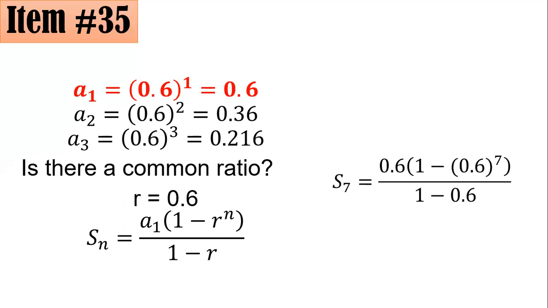So you will have this expression 0.6 multiplied by 1 minus 0.6 to the 7th all over 1 minus 0.6. Using your calculator, this simplifies to approximately 1.46, letter A. I hope you got it as well.